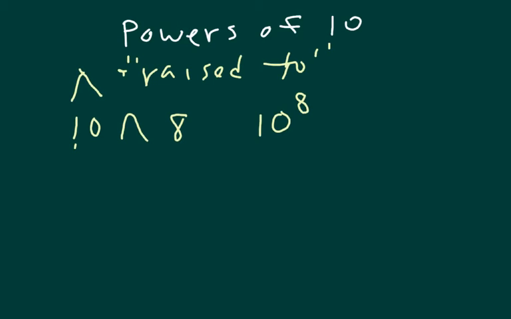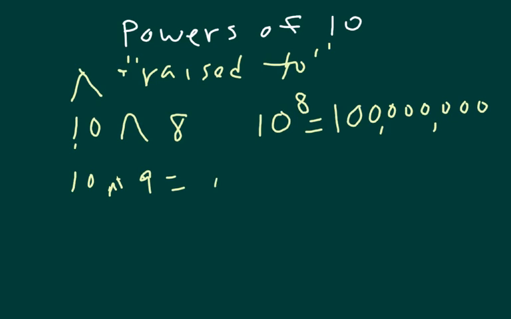And if you put that in, you would actually get a 1 with 1, 2, 3, 4, 5, 6, 7, 8 zeros after it, or 100 million. If you put 10 to the 9th power, you would get 1, 2, 3, 4, 5, 6, 7, 8, 9 zeros, or a billion.